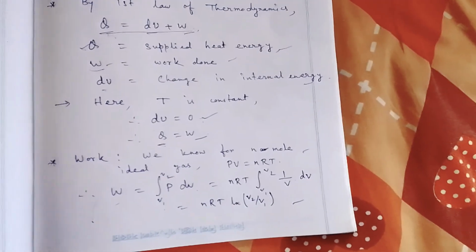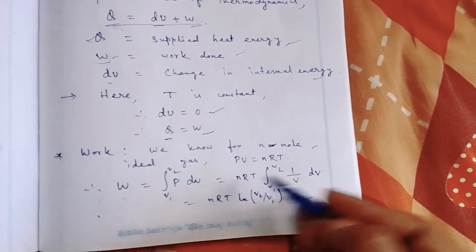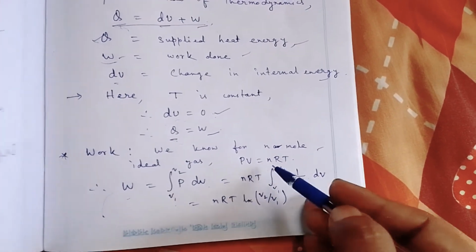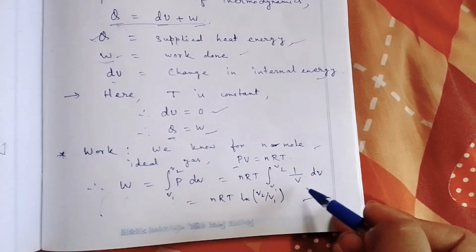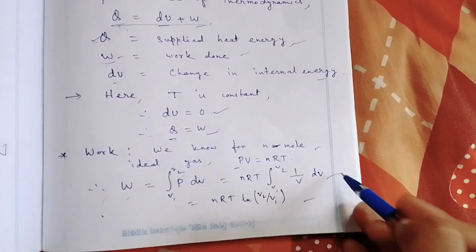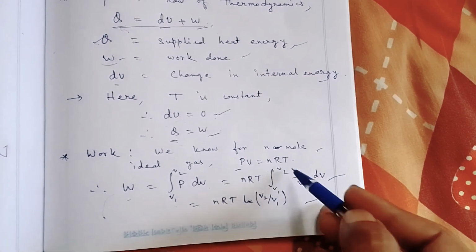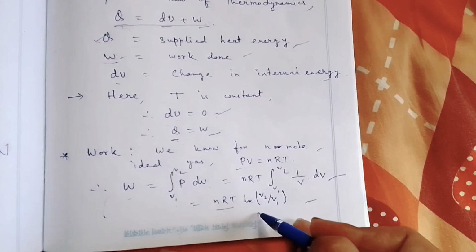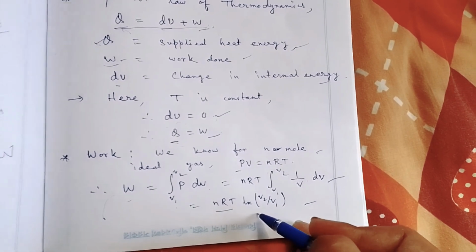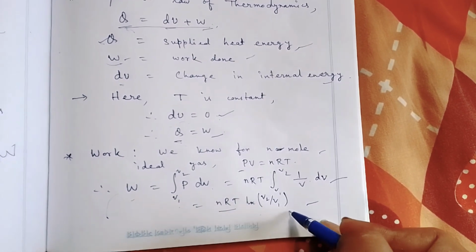Replacing P with nRT by V and integrating 1 by V dV, we will get nRT log base e of V2 by V1.